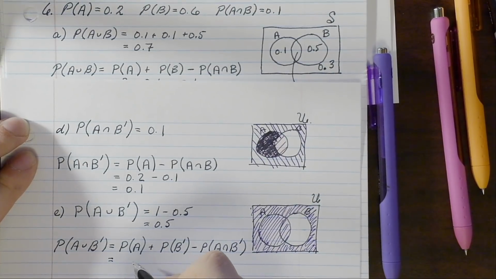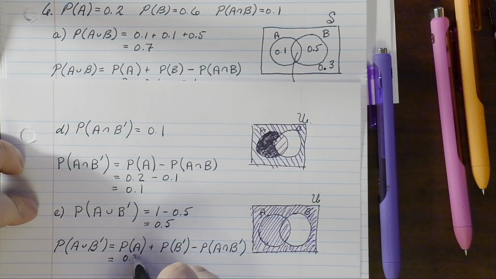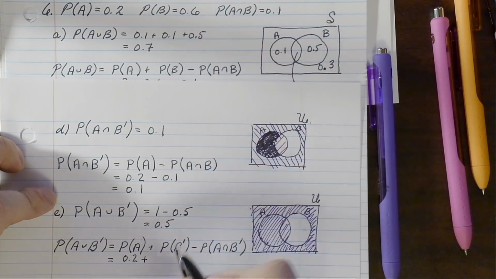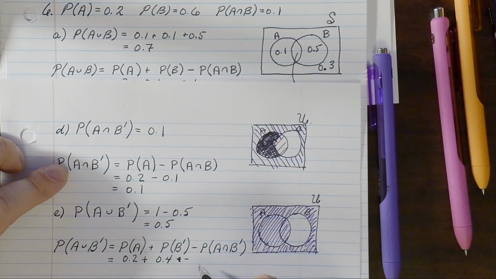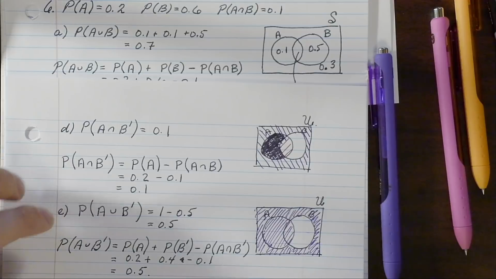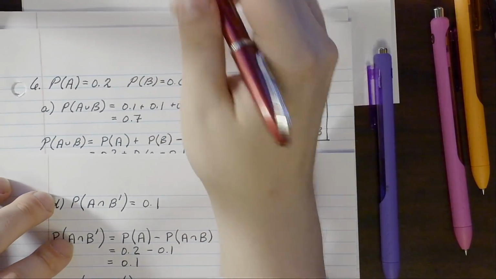The probability of A is 0.2, and the complement of B, that's 0.4. And then minus, we already calculated that up here, so that's 0.1. So 0.2 plus 0.4 gives me 0.6, minus the 0.1 gives me 0.5. Okay, and so that's the end of question 6.